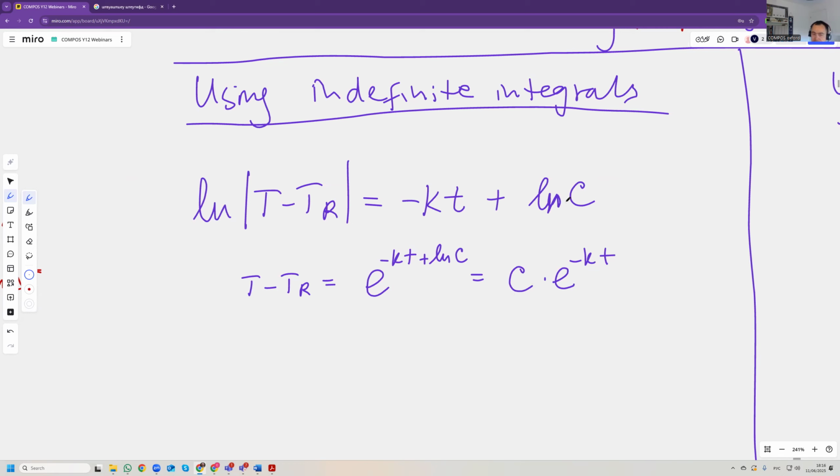It doesn't matter if you write c or ln c, it's the same thing, because c is just an arbitrary constant. And then you can say the temperature is the temperature in the room plus C multiplied by e to the minus kt.